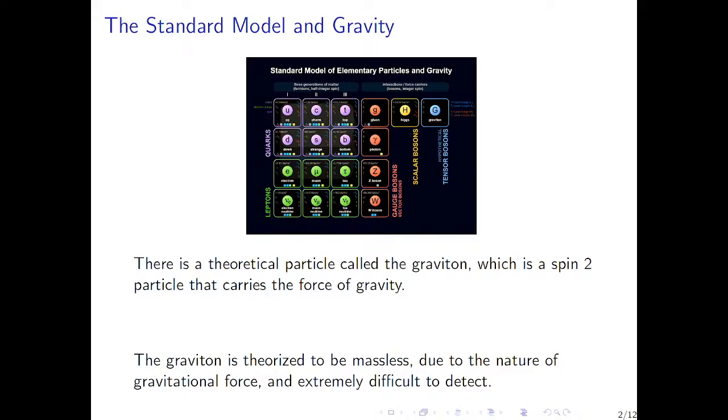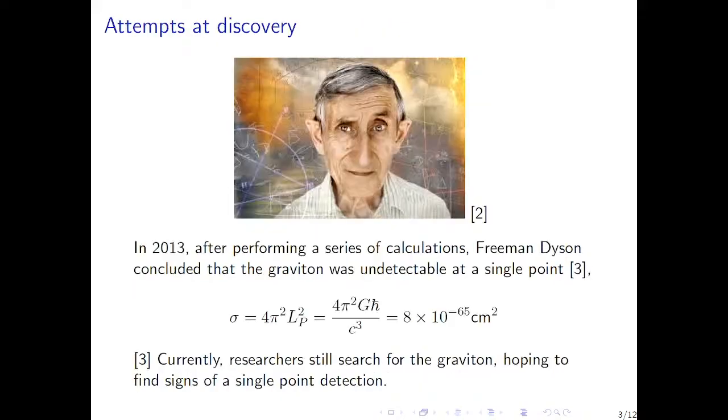Gravity is a little bit weird. It's the weakest force in our universe, and this theoretical particle called the graviton is theorized to be massless, so it's going to be really hard to detect. Still, that has not stopped physicists in recent days from looking for the graviton. For example, in 2013, Freeman Dyson performed a series of calculations to try and figure out if the graviton could be detected at a singular point.